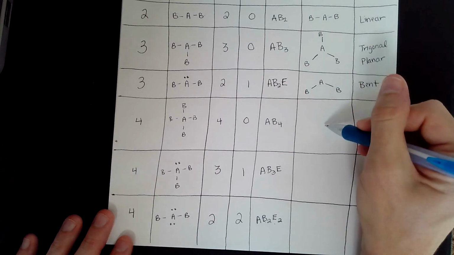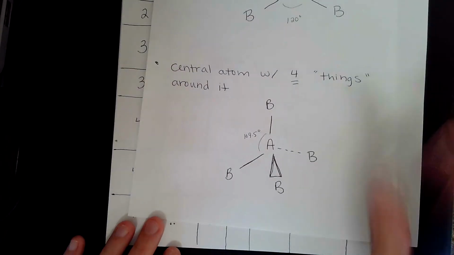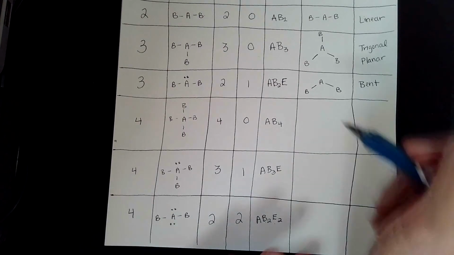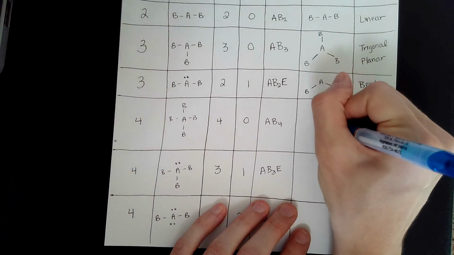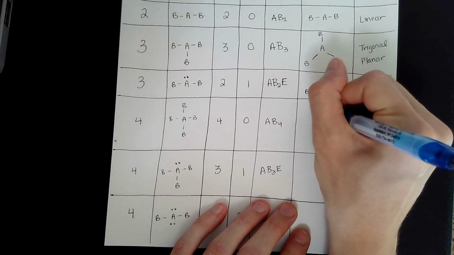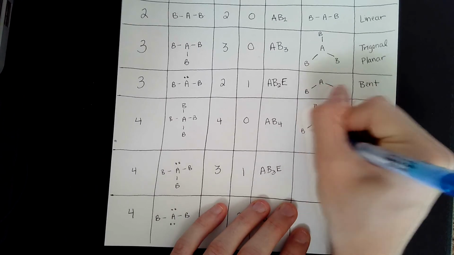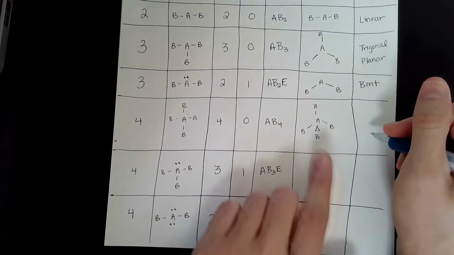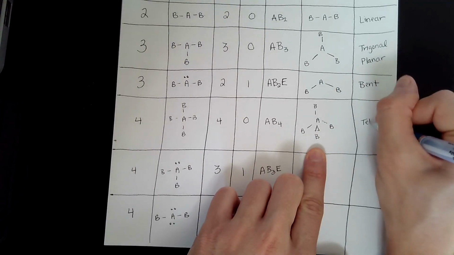So our 3D shape for 4 things, remember they form this tetrahedron shape. So we can draw the 3-dimensional shape. And this would be called tetrahedral with all 4 of them there.